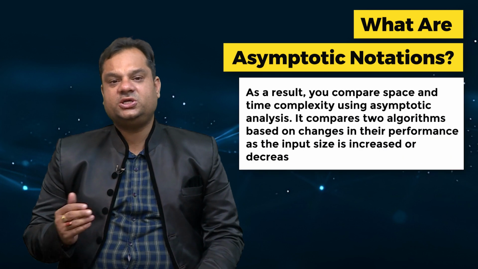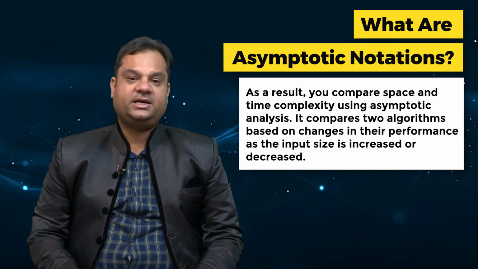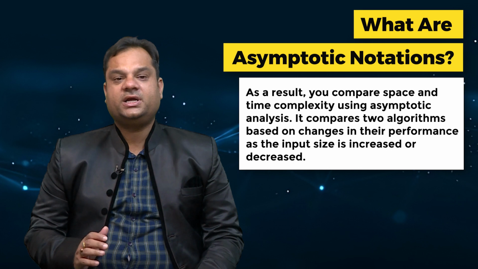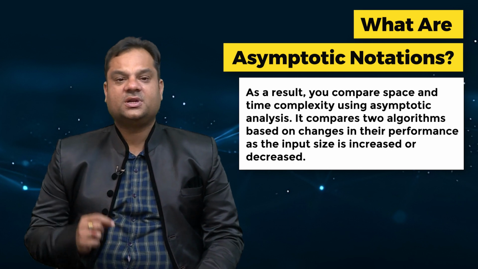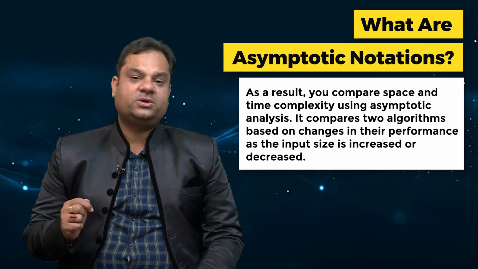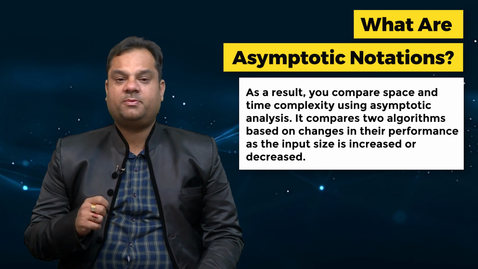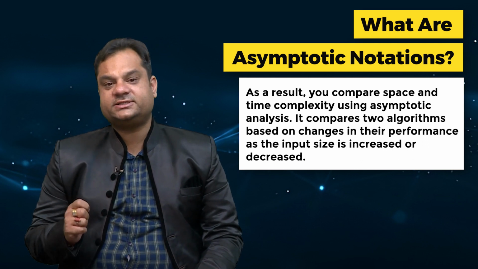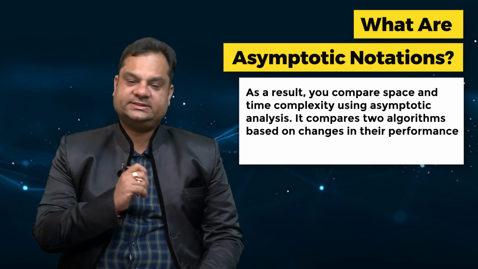As a result, you compare space and time complexity using asymptotic analysis. It compares two algorithms based on changes in their performance as the input size is increased or decreased.